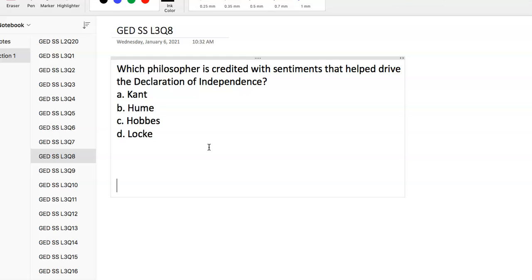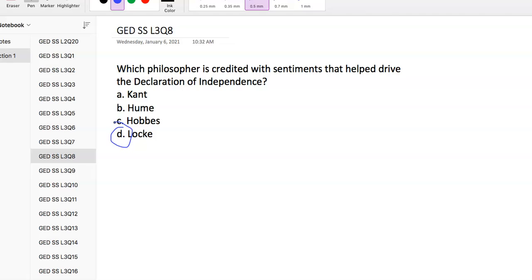Okay, and then these questions are somewhat connected. Which philosopher is credited with sentiments that helped drive Declaration of Independence? Okay, so all these guys are great writers. Very famous, very significant. But John Locke is really the name to know, right?